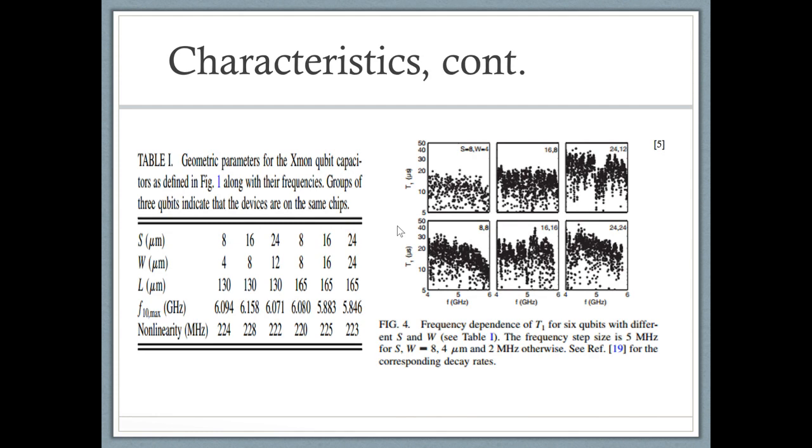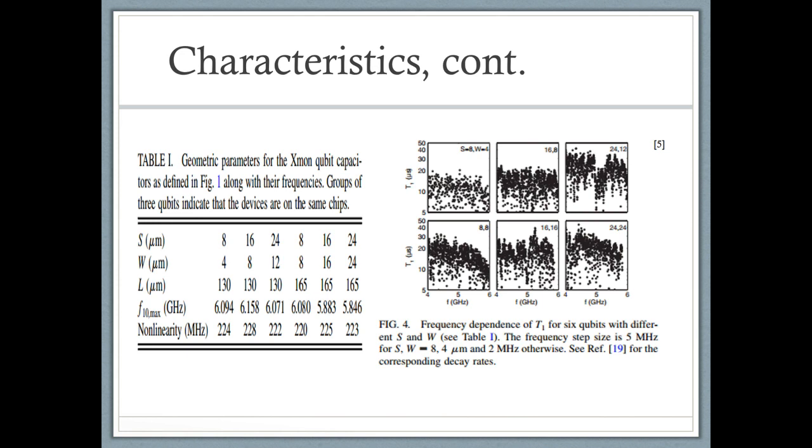The figure on the right shows the frequency dependence of T1 for the 6 qubits with different S and W. As you can see, there's a general trend of improving T1 with larger gap width. The improvement of T1 with increasing width is consistent with experiments on superconducting resonators.